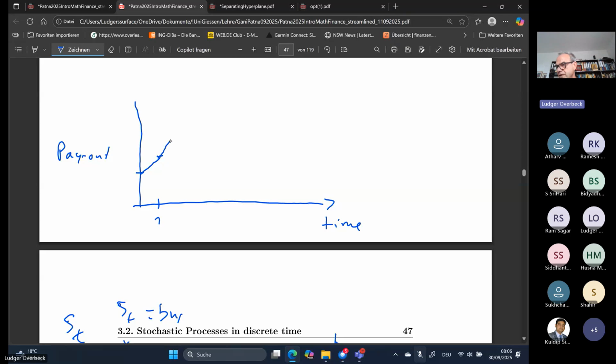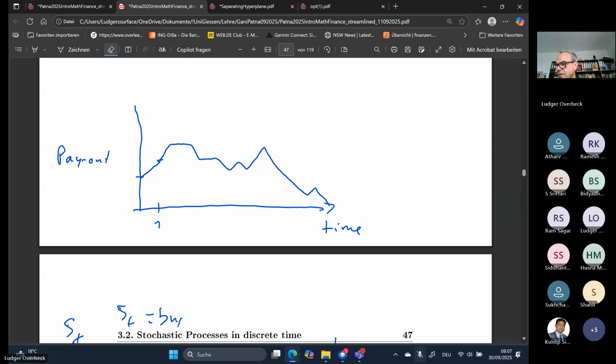We have a function like this. That's your payout in a given path.